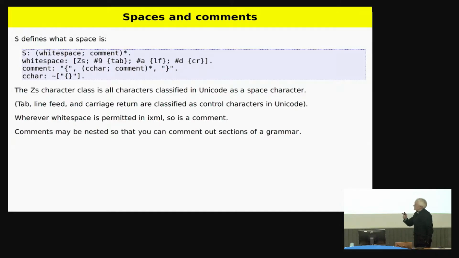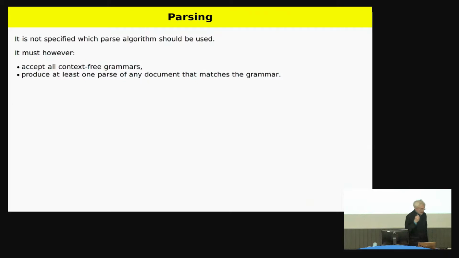This definition says that comments can be nested, which means that you can comment out a bit of an IXML grammar and it will still work. So that's the definition of the grammar.